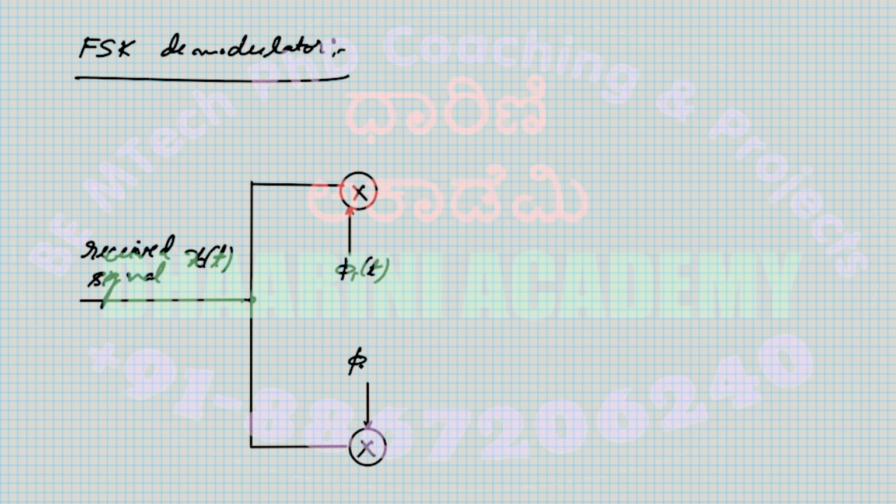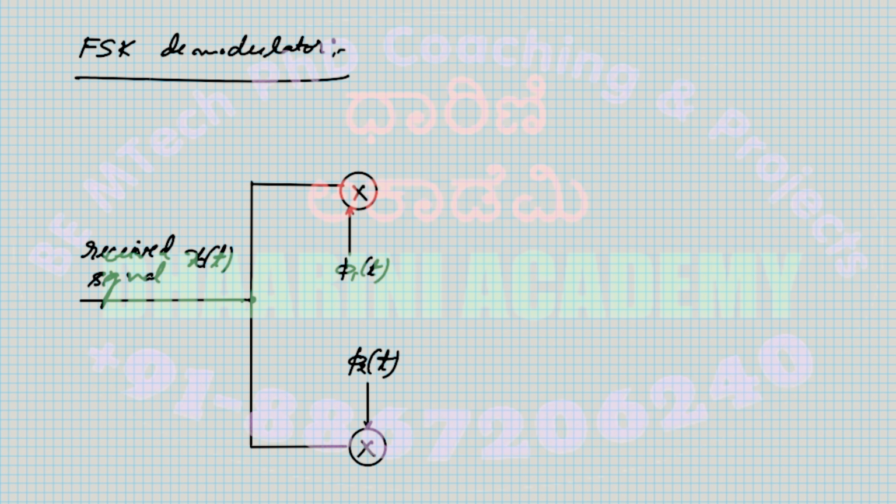Phi 1 of t, phi 2 of t. Now I know that I just have to consider whether there will be two samples x1 and x2. Which one is larger I need to see, correct? That's my logic here.